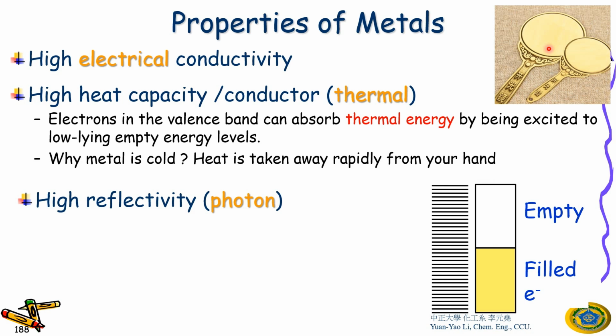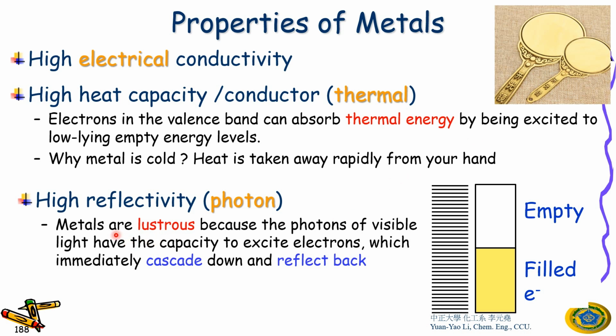The other property of the metal is high reflectivity. You know, in the old time you didn't have a mirror. This is metal copper. Okay, and the light hits this and bounces back to you, and that's why you can see yourself with this mirror, right? And why?